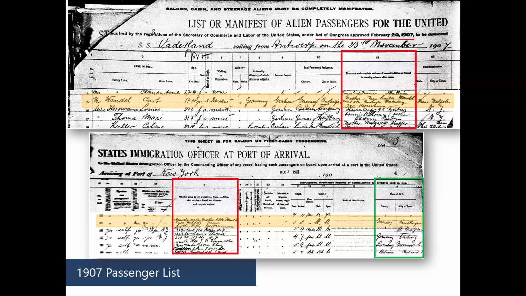And so for Kurt here, we have him identified as leaving his mother, Amelia, and then traveling with his brother, Otto, on the same ship, although he was not listed next to him on the passenger list. So we're going to blow those up for you so you can see them.